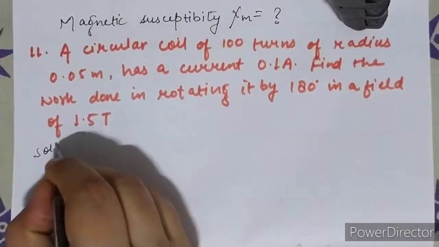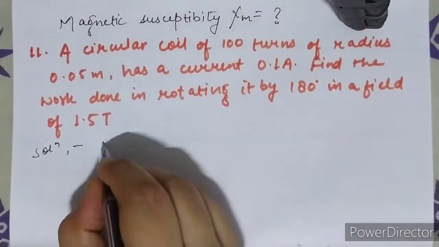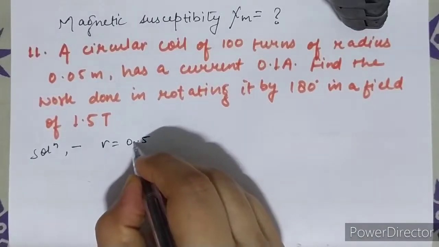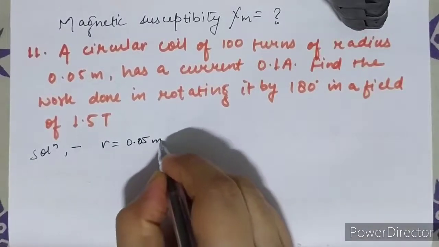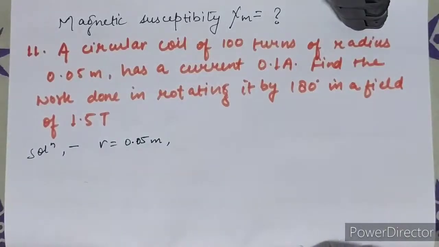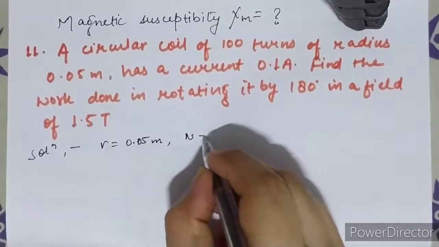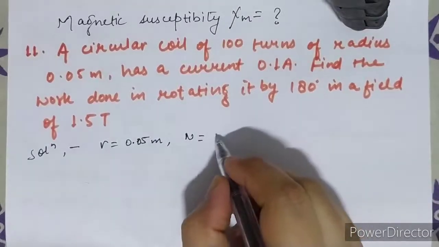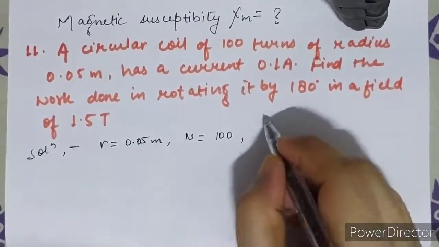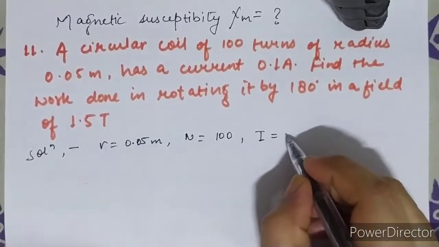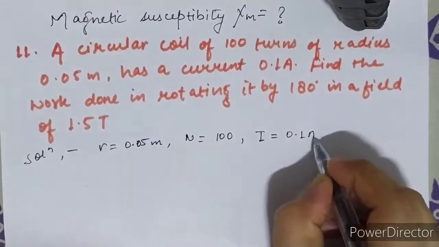So first of all we write the given values. Radius is 0.05 meter. The number of turns is 100 turns, and the current is 0.1 ampere.